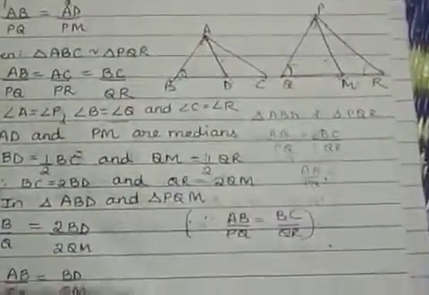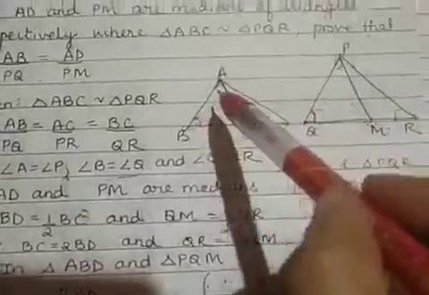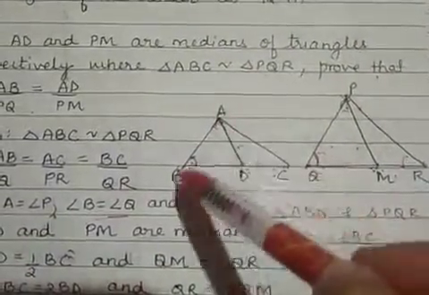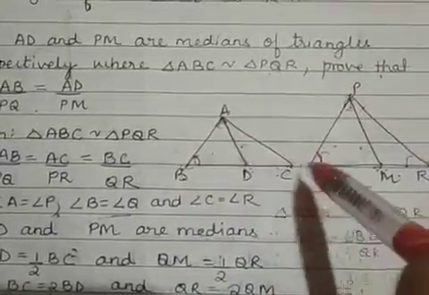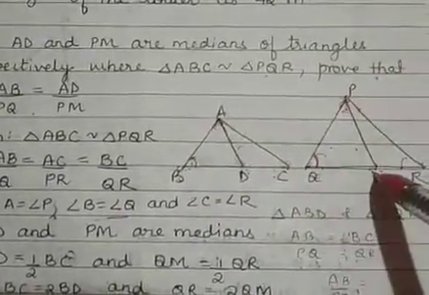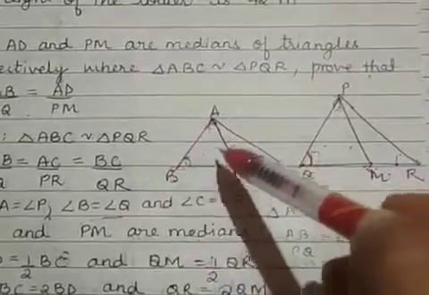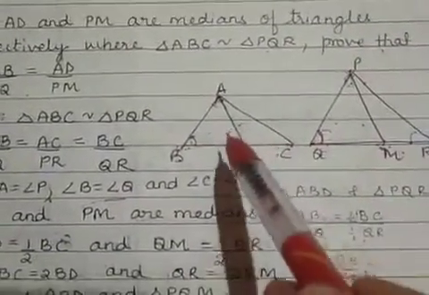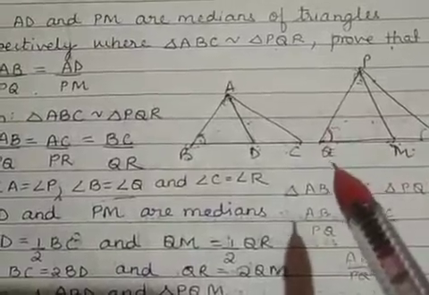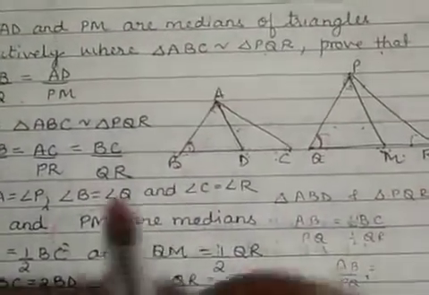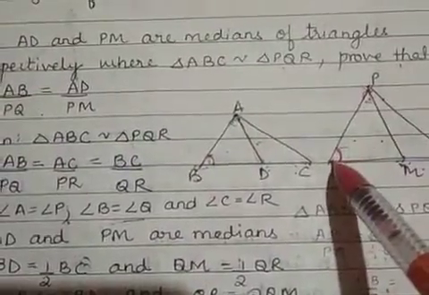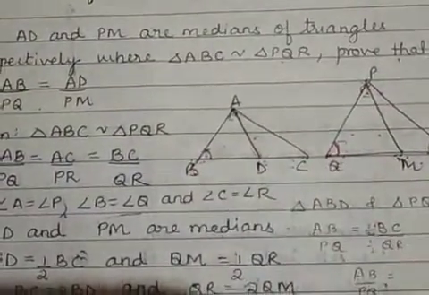So now we have to find two sides which are in the same ratio. Somehow I have to get AB upon BD equal to PQ upon QM. If I get this, then by SAS similarity criterion, I can say that the two triangles are similar. Now, from here I know AB upon PQ is equal to BC upon QR. Correct?